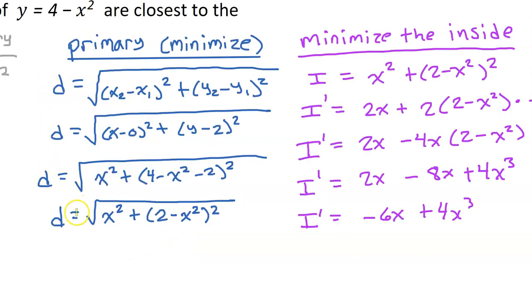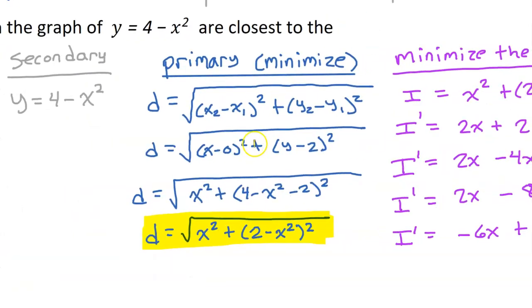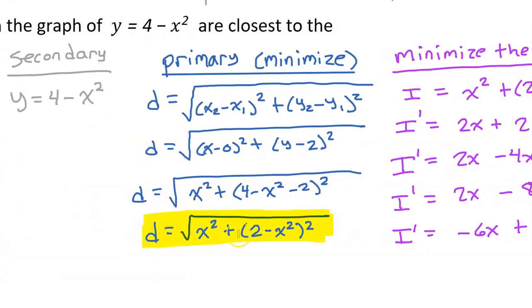We need to go back and plug each of the 3 critical values into the primary equation to see which value actually leads to the minimum. Let's use this version of the equation because it already has only one variable, and that way we can just plug in x rather than substituting x's and y's and having to figure out what the y value is separately.